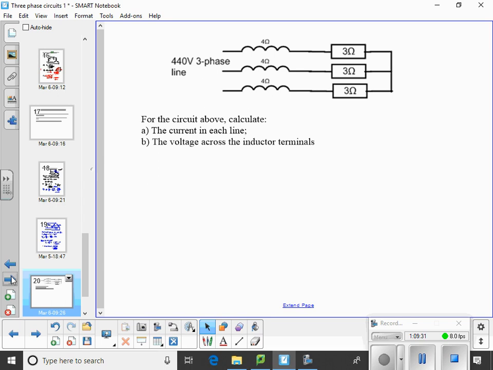And what do we have impedance wise? What's the phase impedance, one phase, ZP?